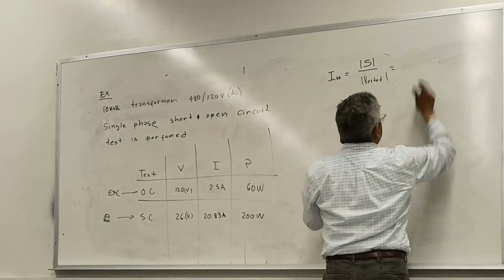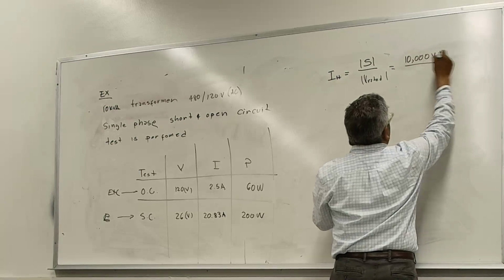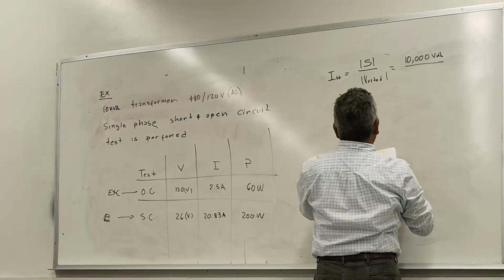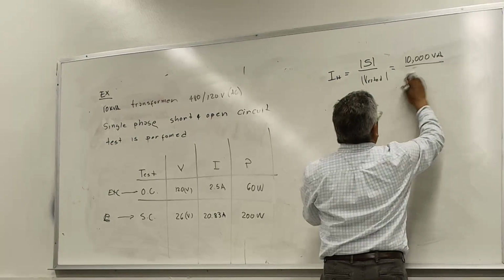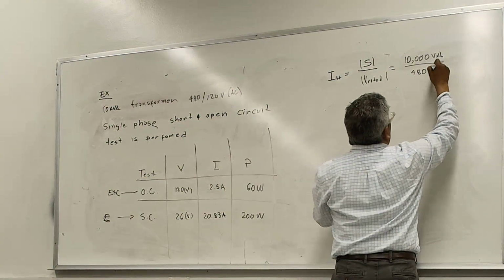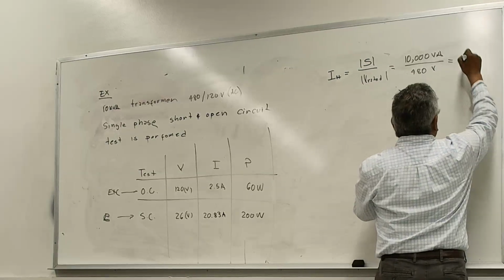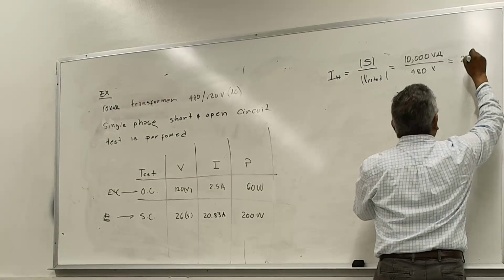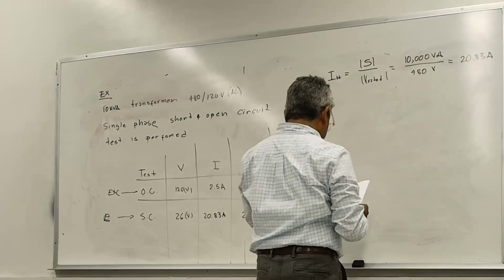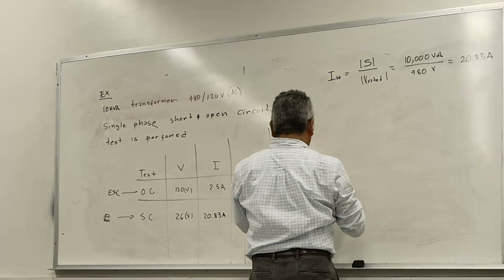So this is the 10 kVA or 10,000 volt-ampere transformer, and my V rated on the high side is 480 volts. So the rated current on the high side is about 20.83 amperes. Okay, so that's a computation that I can make right at the get-go.